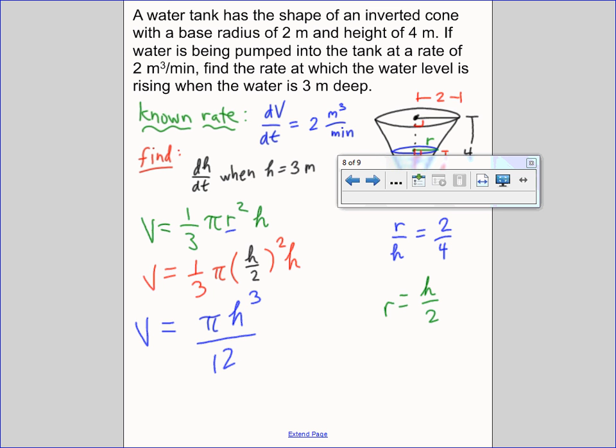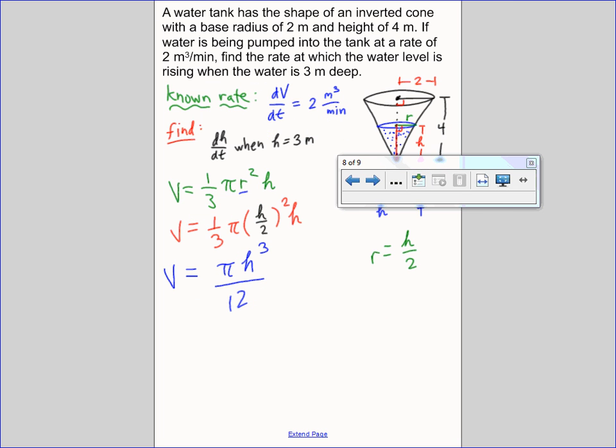All right, finally, you can differentiate both sides with respect to time. Let's do it. So, the derivative of volume, V with respect to time, dV/dt, is 3 times pi over 12 times H squared times the derivative of the base, dH/dt.